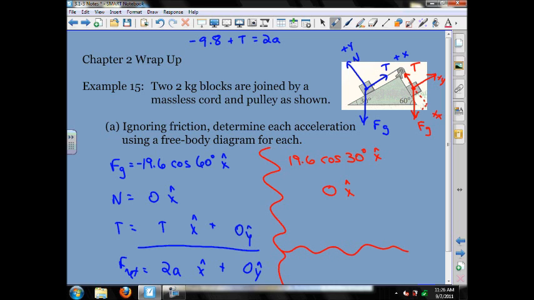What about tension? It is just T in the positive or negative direction. And the net force is again going to be 2a, right?